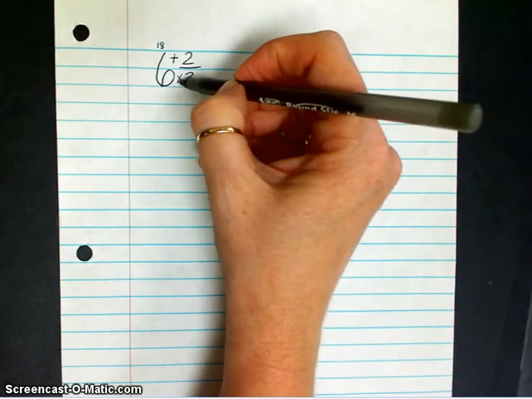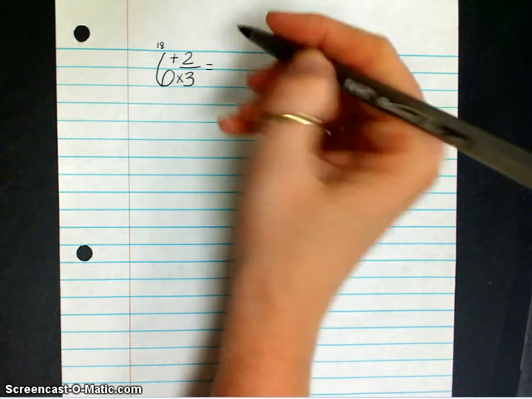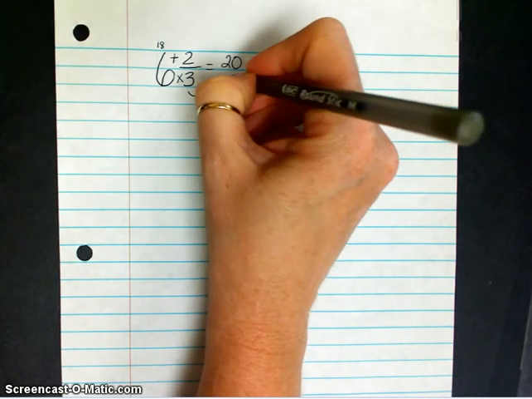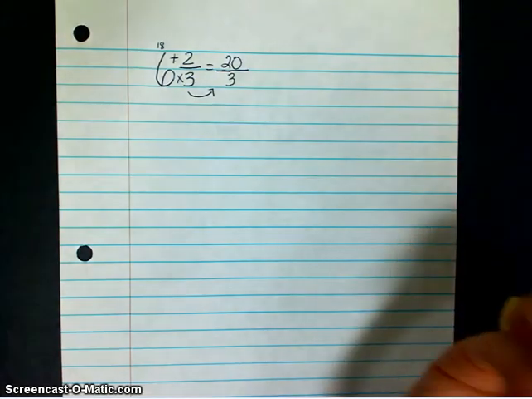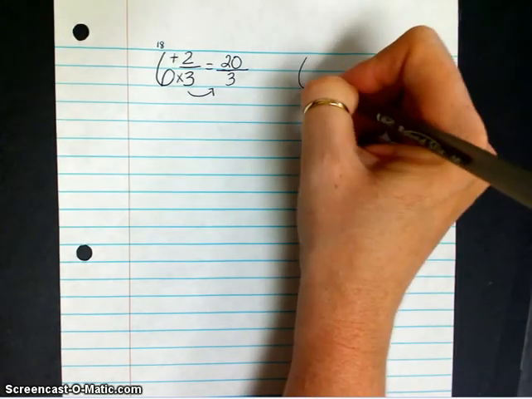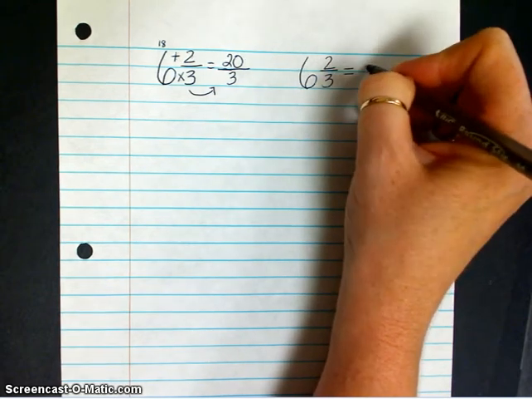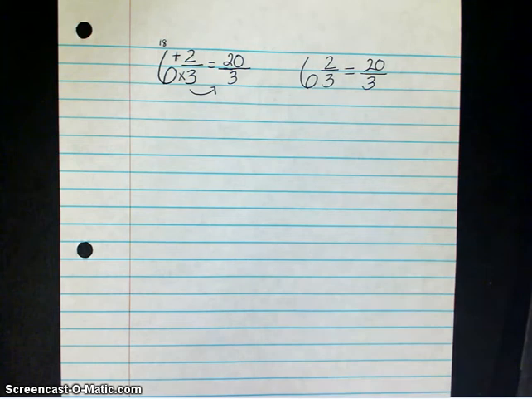We multiply and then we add. 18 plus 2 is 20, and we bring over our constant, which is our denominator. So that means 6 2/3 is actually equal to the improper fraction of 20/3.